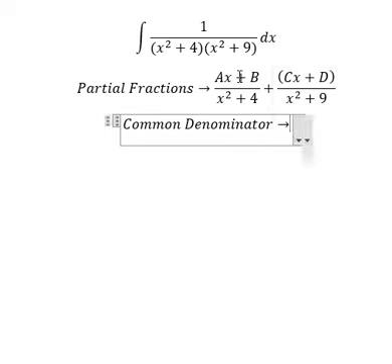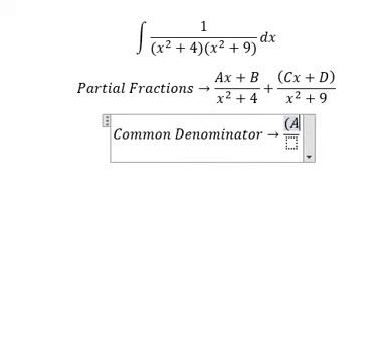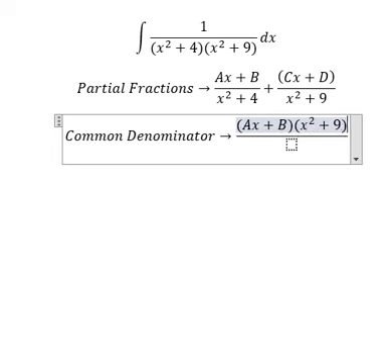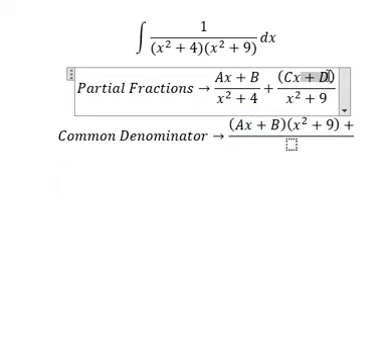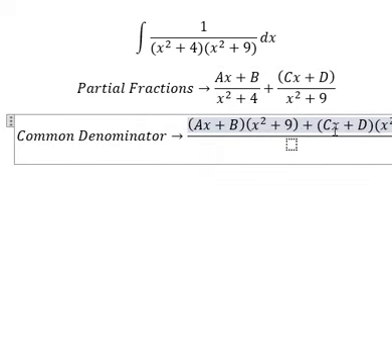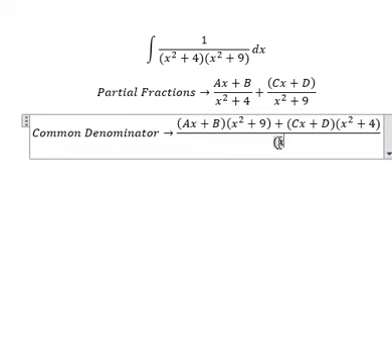In this one, it is missing this factor, so As plus B is multiplied by this one, and this one is multiplied by this one.